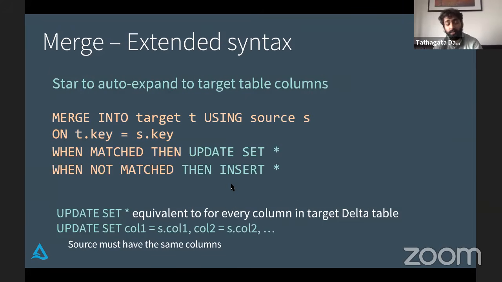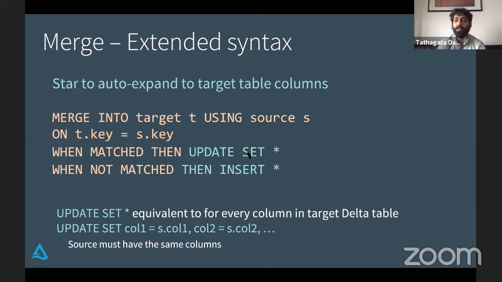The other very useful feature is star support to auto expand target columns. As far as we know, we're the only engine that supports this sort of syntax, and once we introduced it, it was a very popular syntax. For a table with a very large number of columns, you do not want to handwrite all the columns you need to update.